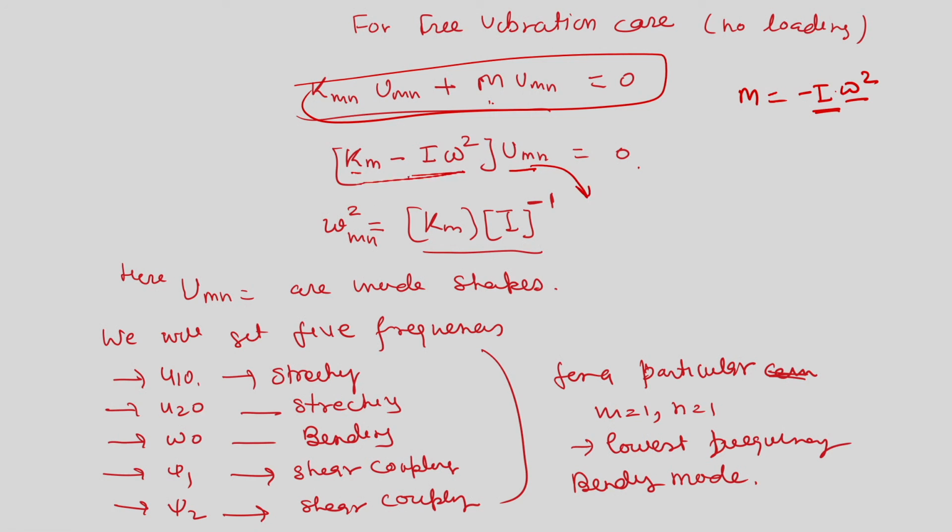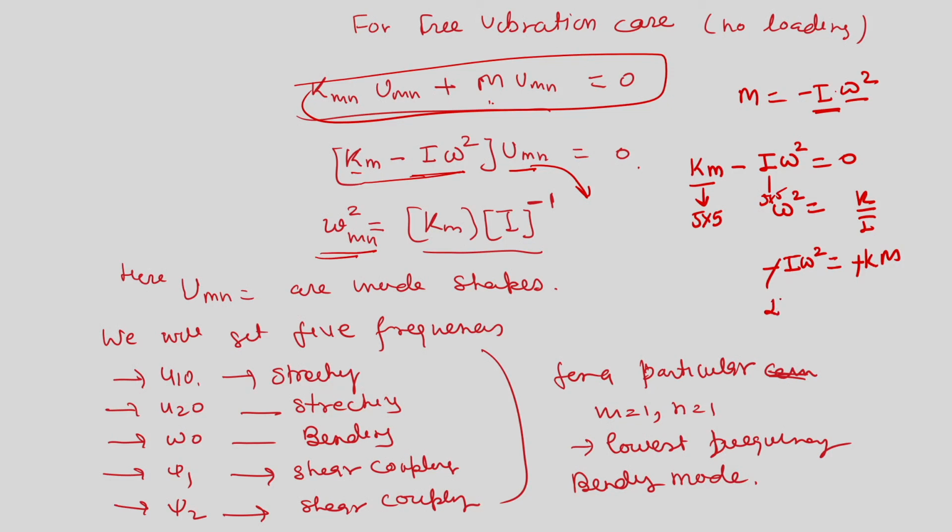If it is just a single equation, like in the case of a beam or a spring, I can say that omega square is equal to K by I. But here K is a 5 by 5 matrix and I is also a 5 by 5 matrix. So, I omega square equals minus K, and the minus signs cancel out.